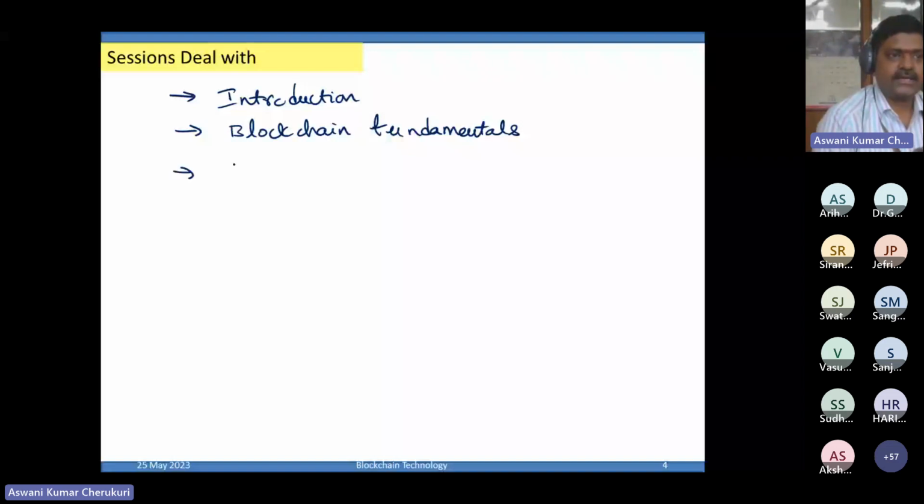And also I deal with certain cryptographic primitives. There are a few crypto primitives which are fundamental to the blockchain, and also how the blockchain operates, that means the functionality of a blockchain. This also we discuss today.